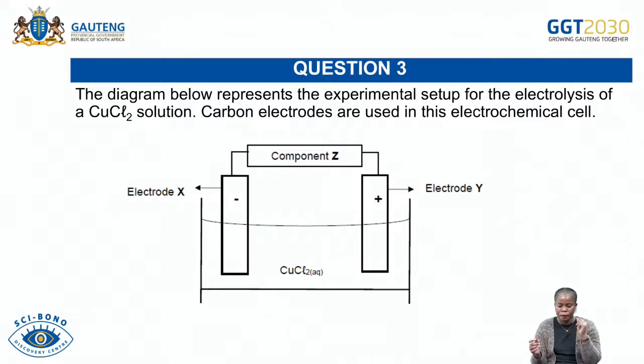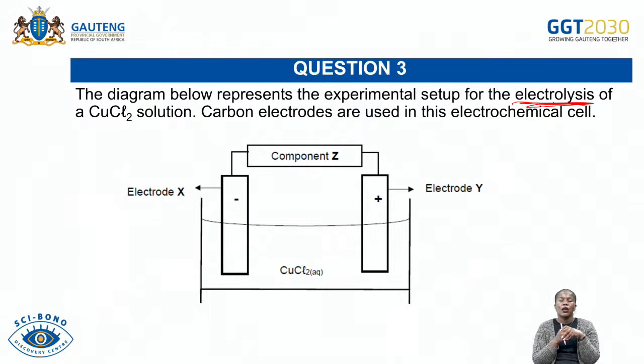In this case, we know this is just an electrolysis. We had mentioned that electrolysis takes place in an electrolytic cell, so we are very much aware that this is an electrolytic cell.